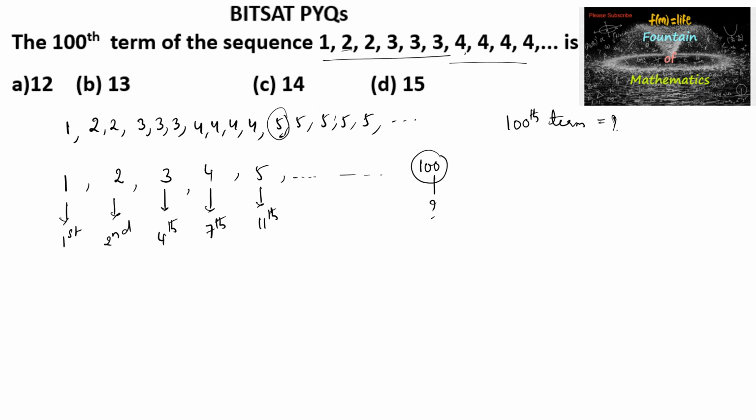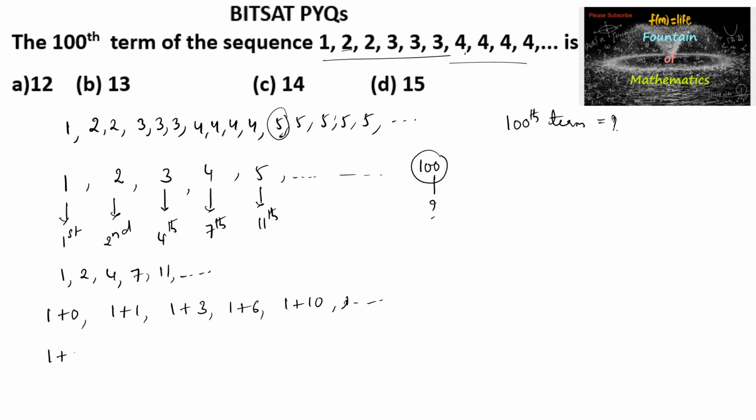To find that, let us make a sequence of the positions: 1, 2, 4, 7, 11, and so on. We can write the first position as 1 plus 0, the second position as 1 plus 1, the fourth position as 1 plus 3, and next 1 plus 6, 1 plus 10, and so on.